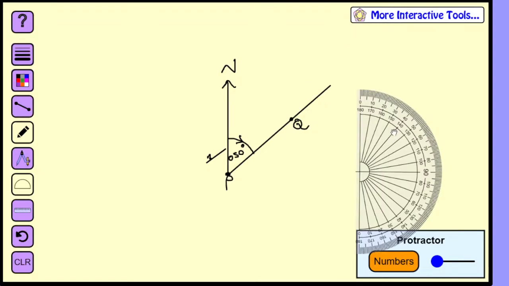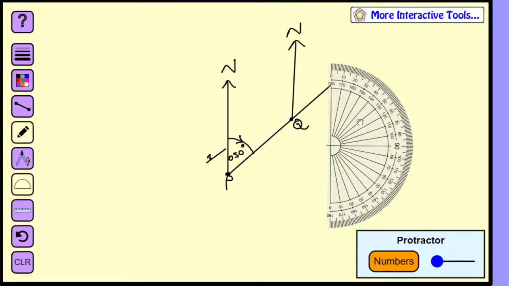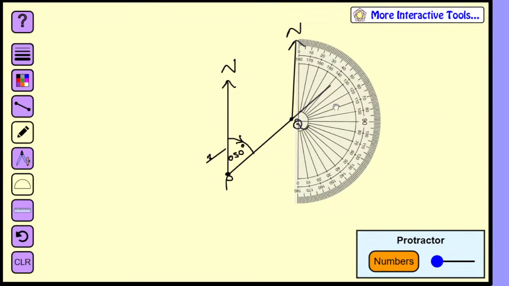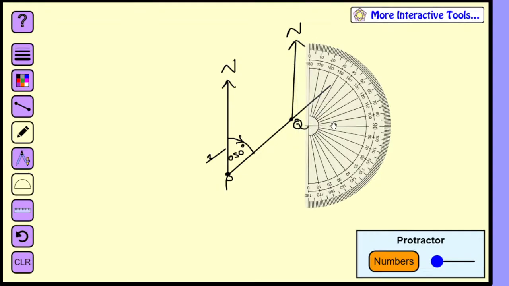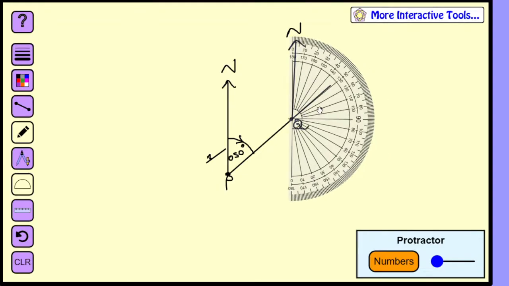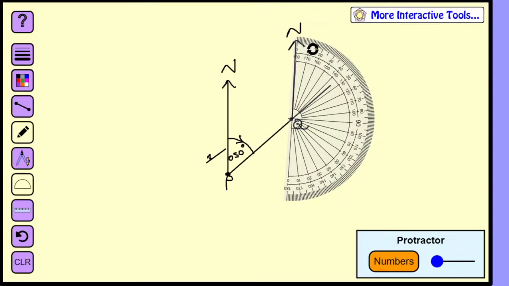The moment we hear the word bearing, a north should be drawn. So at Q, we've got to draw a north, and measure 130 degrees. They have said so.